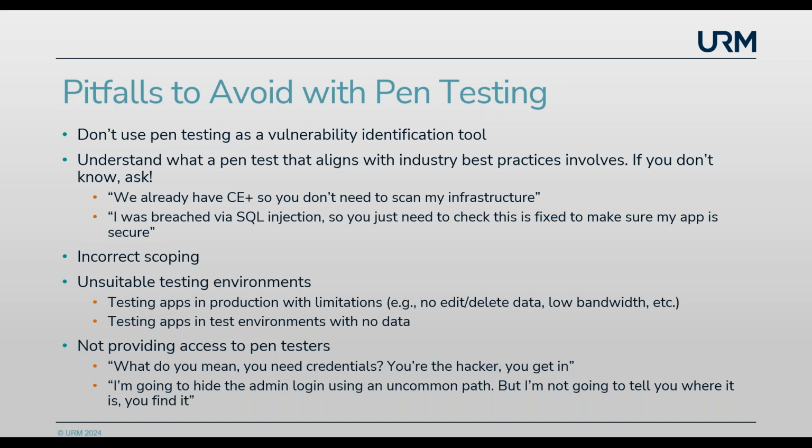So if you get blocked by a WAF, like a web application firewall, or an intrusion prevention system saying, oh, your IP has been blocked for an hour, you're not going to get as a client the most out of the test, because we're going to have to wait, and you're going to get less tested in the same time, right?